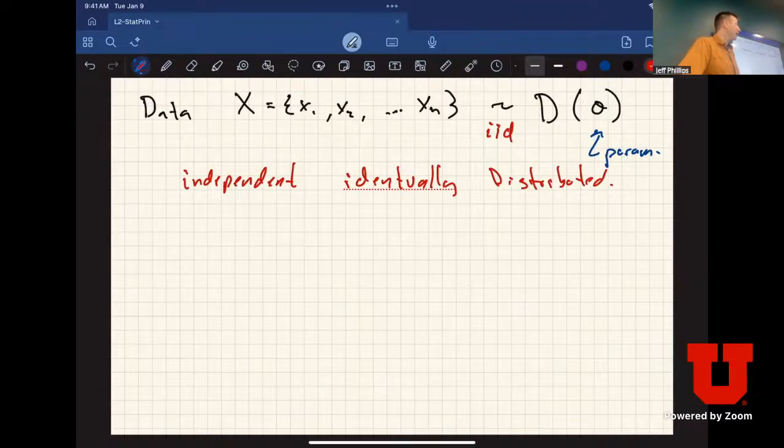Okay, so we have data, and ultimately we'd like to understand something about the distribution from the data observations.